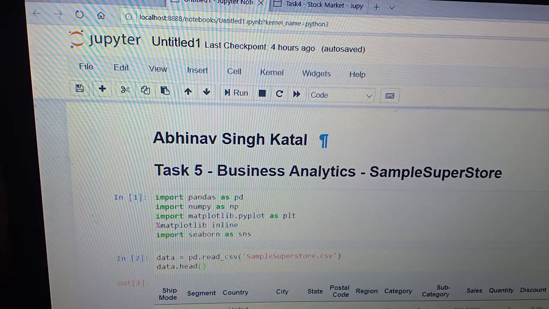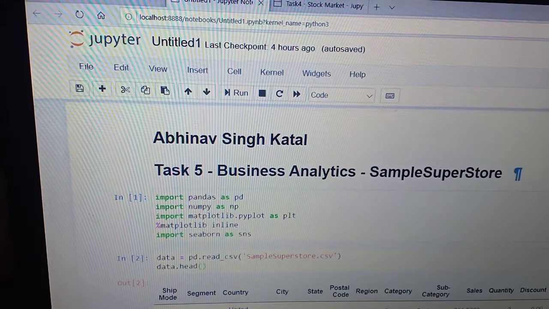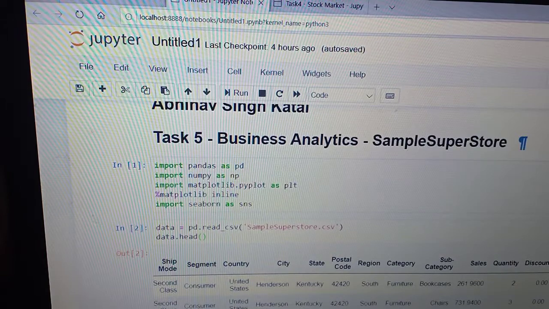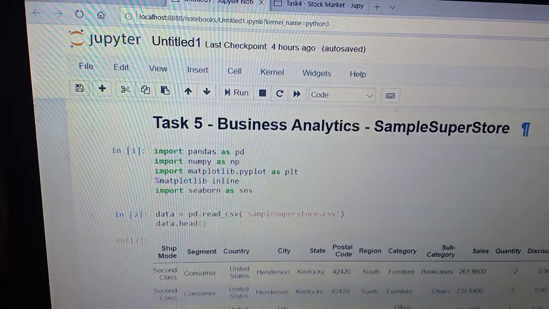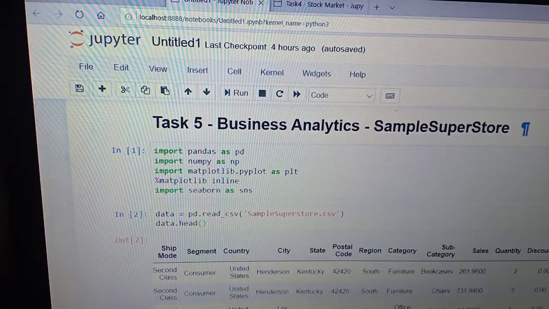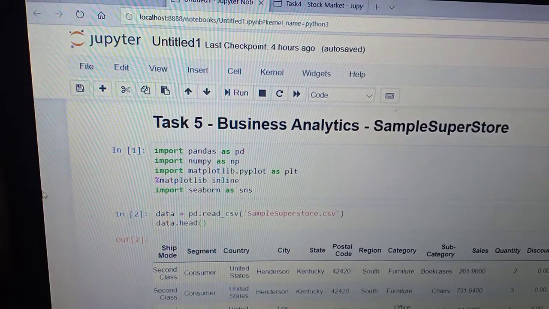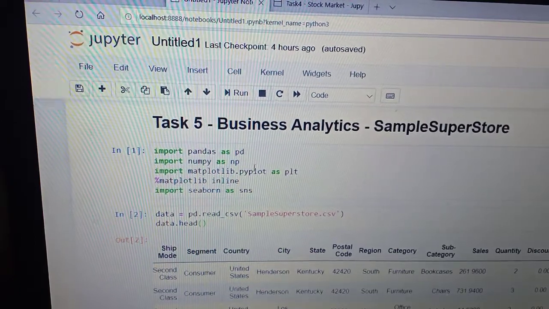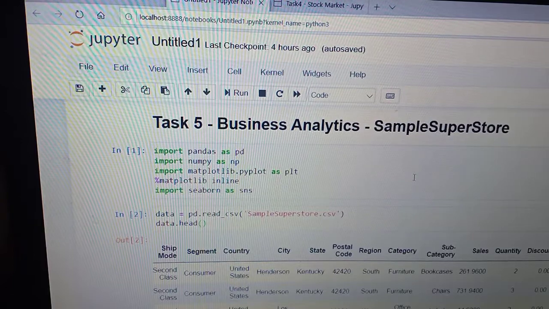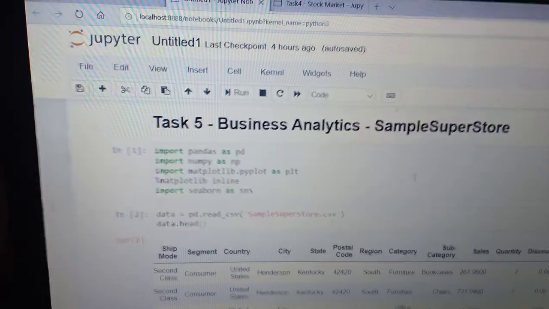So first of all, I started it normally with Python on Jupyter notebook. I thought I'll just do something with Python. So initially it's Python. I've imported the necessary libraries: pandas, matplotlib pyplot, numpy. I've also uploaded Seaborn.